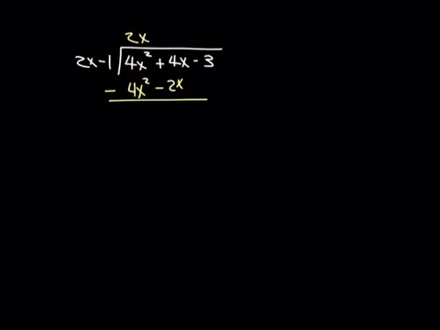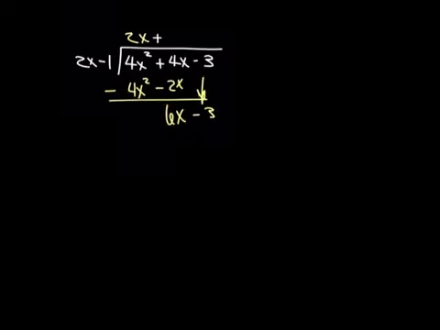4x minus negative 2x is the same as 4x plus 2x. Bring down our negative 3. Alright, so 2x goes into 6x 3 times. Now we multiply.